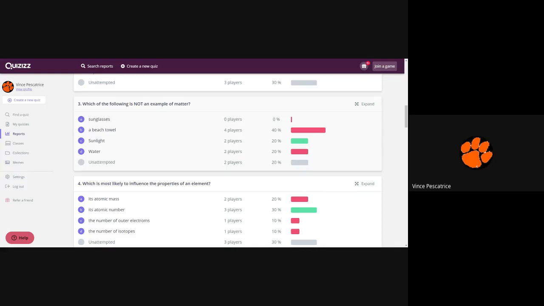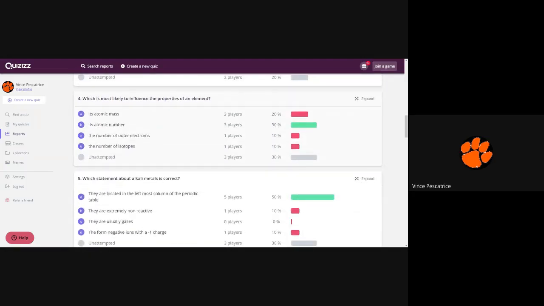If I said get 5 grams of sunlight, you have no idea what that looks like. You can measure out 5 grams of each of the other substances. Things like electricity, thoughts, the internet are not matter because they don't have mass and they don't take up physical space. So that's the definition of matter. Sunlight is not matter.